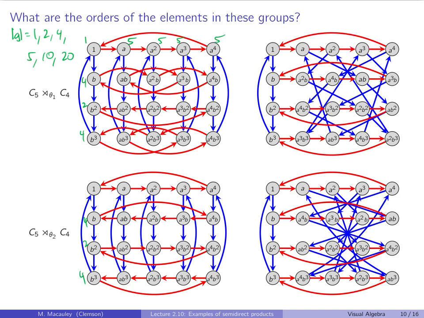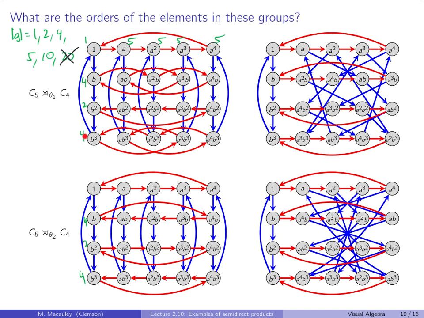Now, this is a non-abelian group, so it's not cyclic, so 20 is not possible, and it's only going to be 1 if it's the identity. So let's think about ab. So we do red, blue. We go over, down. Red, blue. And every time we do ab, we advance a single row.